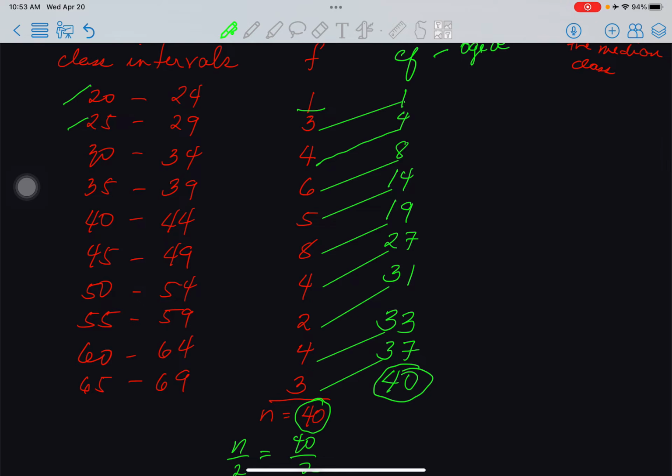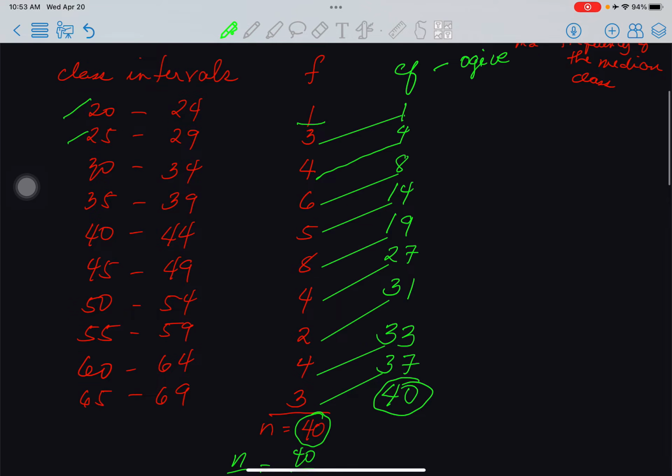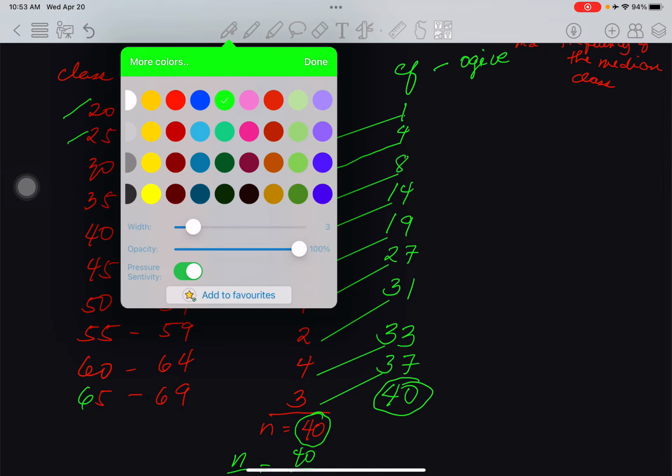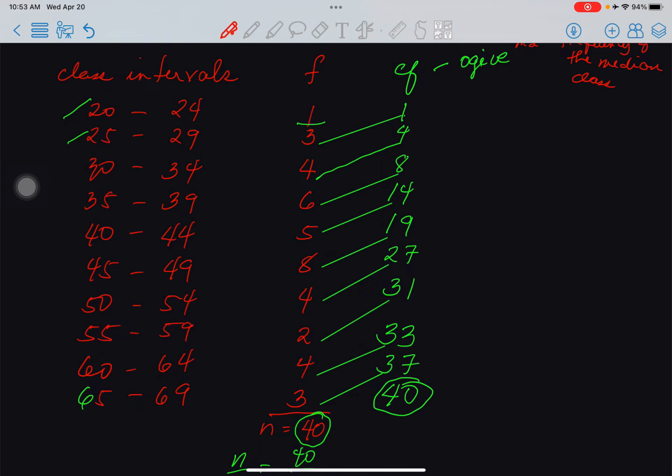However, in determining your cumulative frequency, if you start from the lowest class interval, you have to add. If you begin from the highest class interval, what you have to do is subtract.